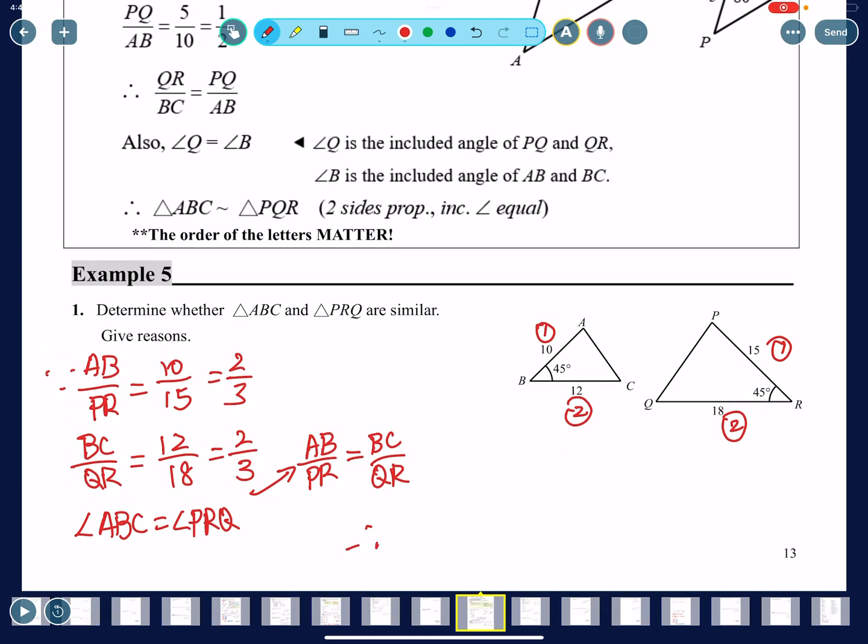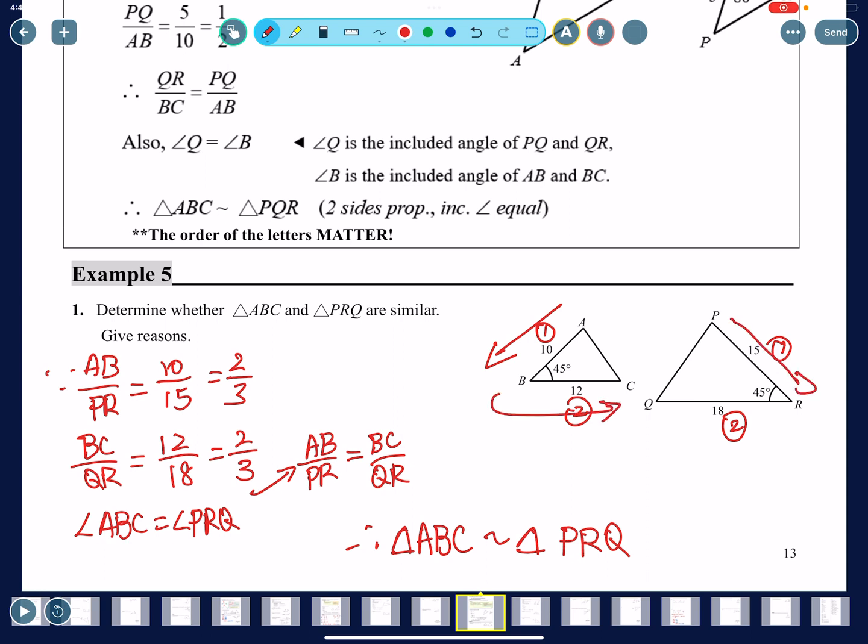Therefore, triangle ABC is similar to triangle... If you're passing by the smallest side, you have to pass by the smallest side first, going to R. So my order of letters has to be PRQ. Again, for A, B, C, you're passing by the smallest side first, going to the second smallest side.